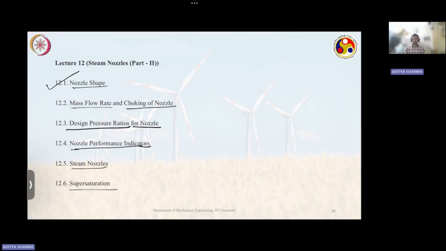We still have around 32 minutes left in this session, so we can move slowly.